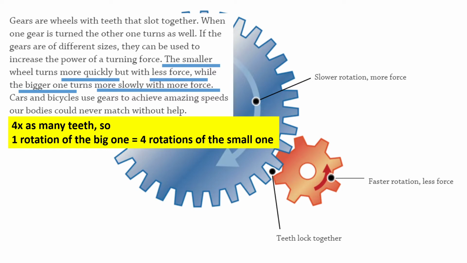So gears are wheels with teeth that slot together. When one gear is turned, the other turns as well. If the gears are of different sizes, they can be used to increase the power of a turning force. So the smaller wheel turns more quickly but with less force, while the bigger one turns more slowly with more force. Cars and bicycles use gears to achieve amazing speeds our bodies could never match without help.